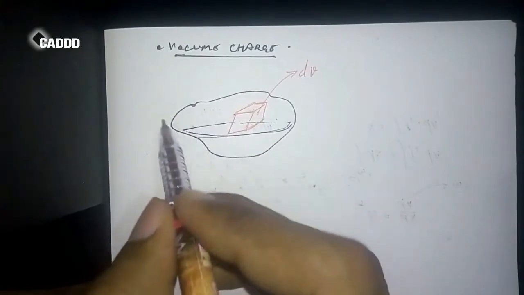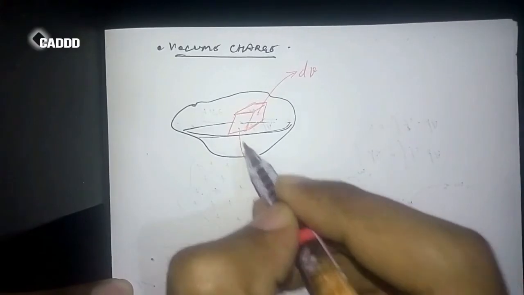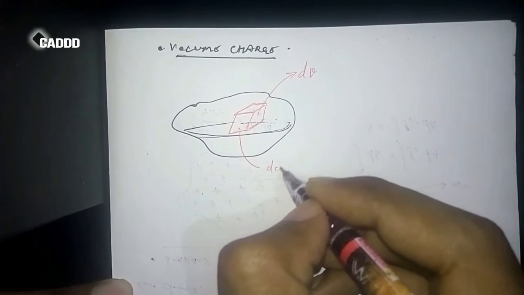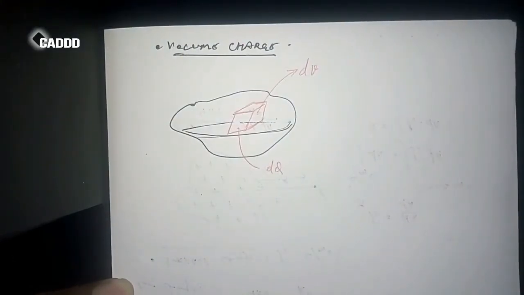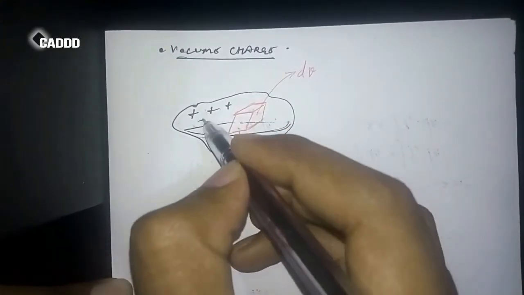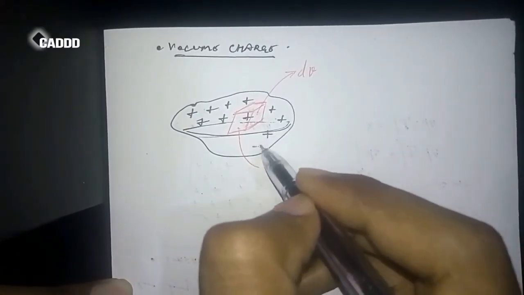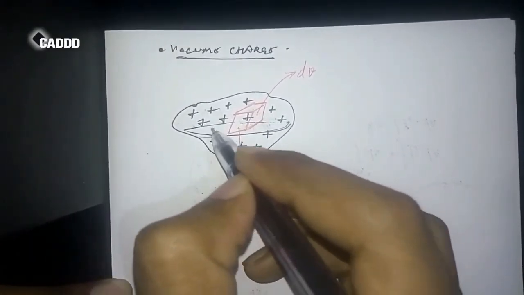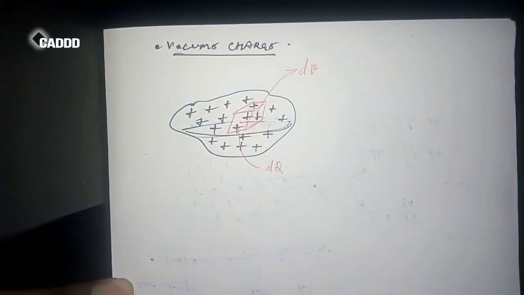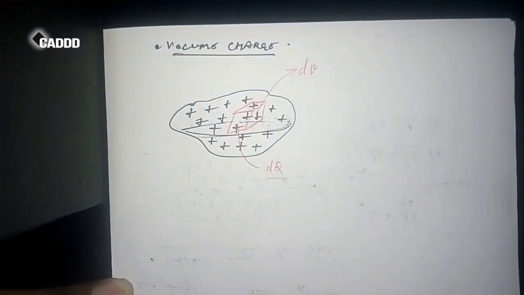This whole thing's volume is V, but this cube's volume is dV, and the charge enclosed by this is dQ. This volume has some uniform charge inside it, like this. So the charge enclosed by this volume is dQ and the volume is dV.